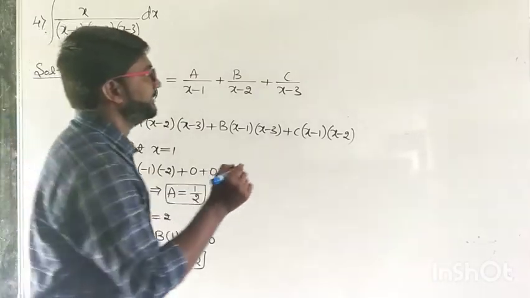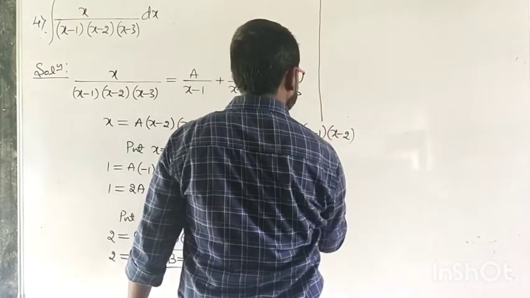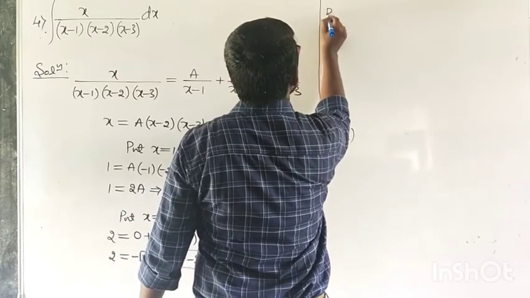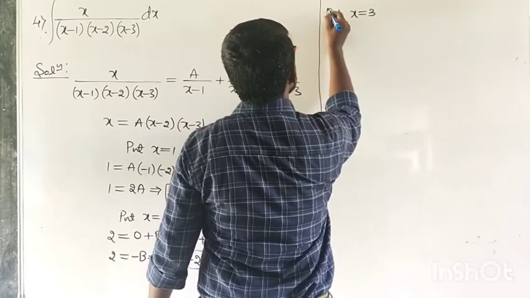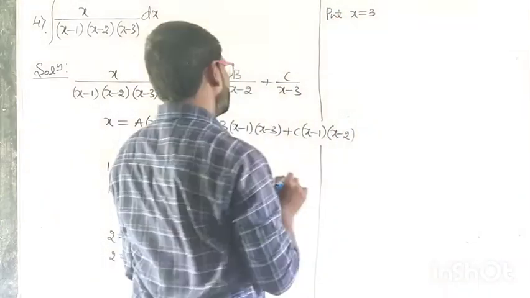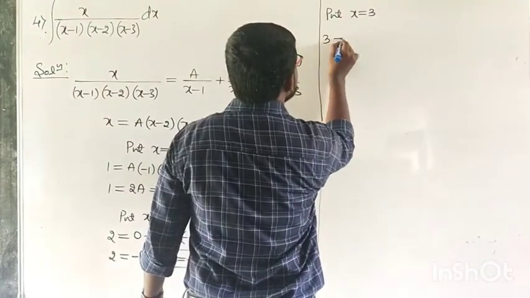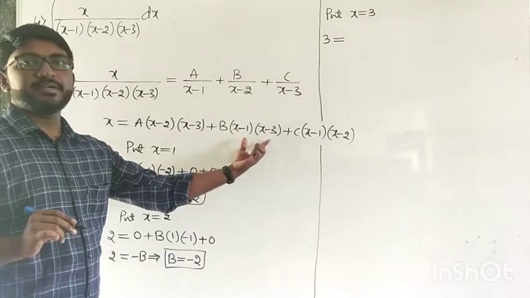Next we have to get the value of c. So here put x equal to 3. The left hand side becomes 3, which is equal to, so if you put 3, the first two terms become 0.